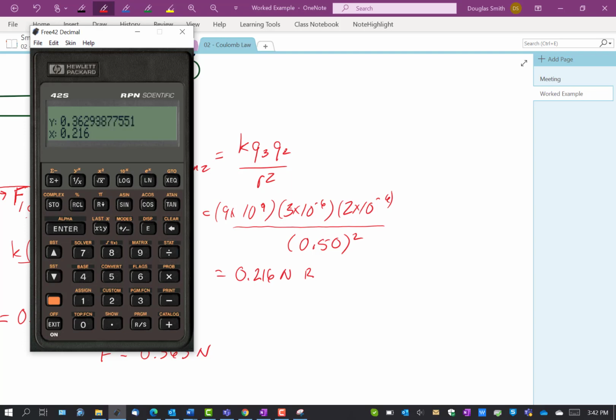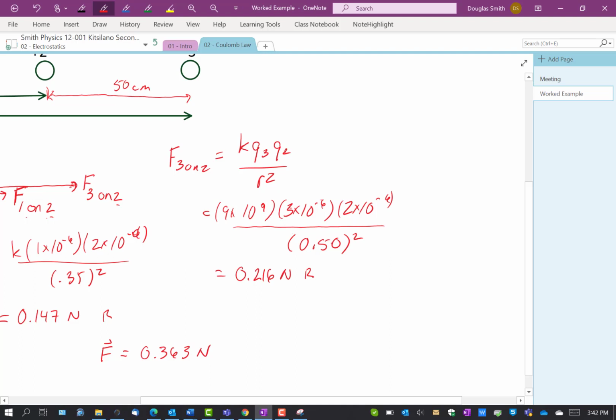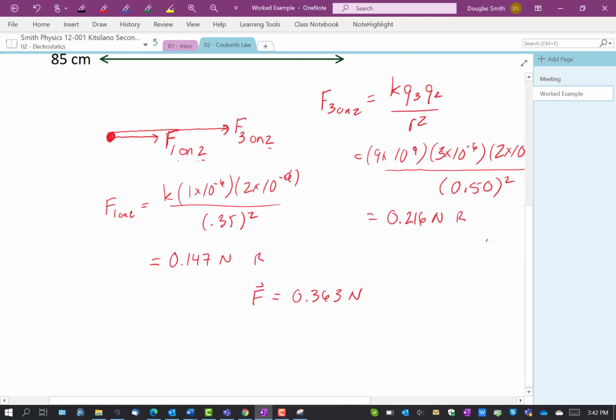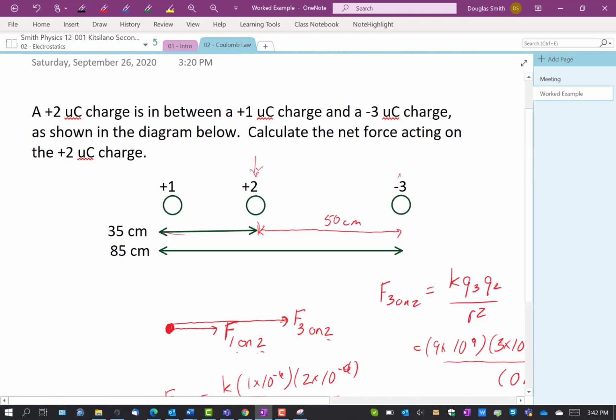In fact, some students can go through this whole unit without even using a scientific calculator. They do the exponents in their head, and then calculate the rest like they normally would. So they go 9 times 3 times 2 divided by 0.5 squared, and then times 10 to the negative 3. Okay, that's it for this question.